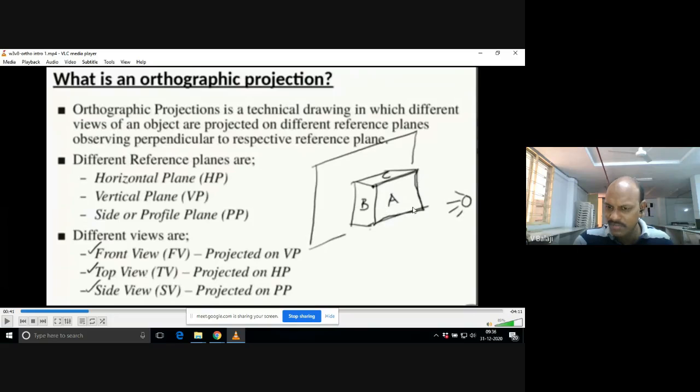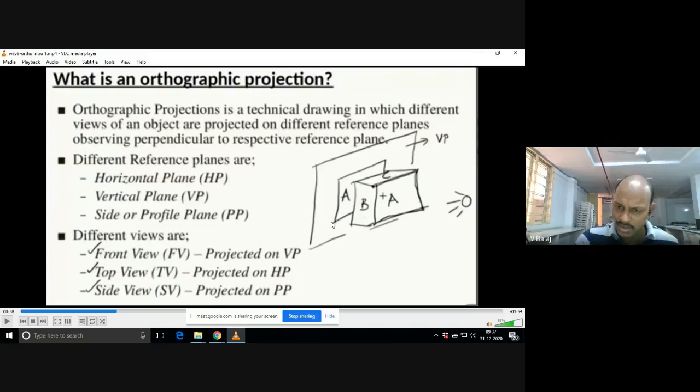So that A face is in the shape of some rectangle. It is projected onto one reference plane. Now you can see somewhere it is projected. Let us take in front of the person, the plane is always the vertical plane. So this particular A face is falling on this particular vertical plane. So I call it A. Is it clear?